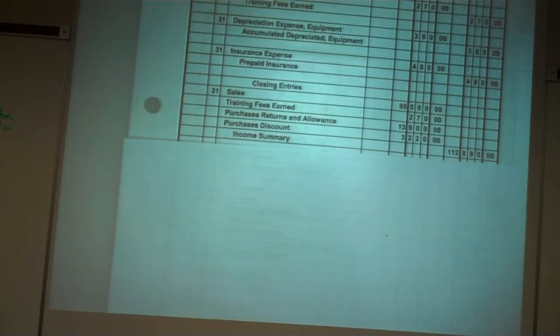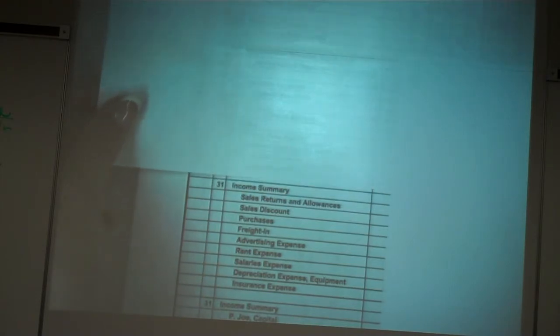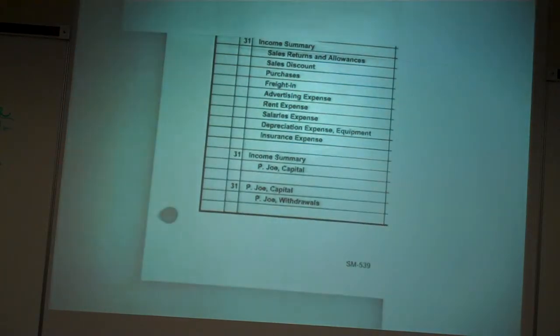So I want you to skip a line, and then I want you to write income summary, and then expenses. We don't know the total yet. That's correct. Okay, so income summary will be our debit for our second closing entry.